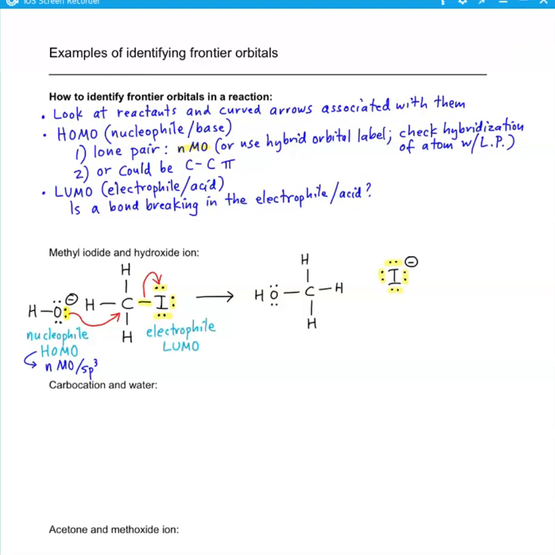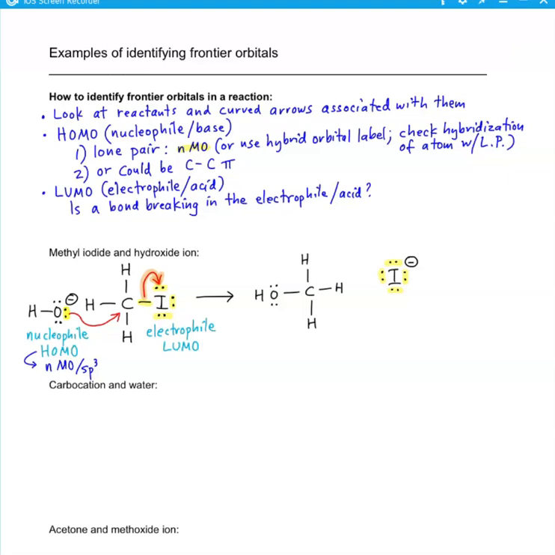In this mechanism, in the electrophile, so now you just want to look at the structure of the electrophile itself, there may or may not be a bond breaking in the nucleophile. From time to time that happens. But if there is, we don't care. All we care about is what's happening in the electrophile at this point. And so what we see is this arrow right here that I've just highlighted, and what that's telling us is that the carbon-iodine bond is breaking.